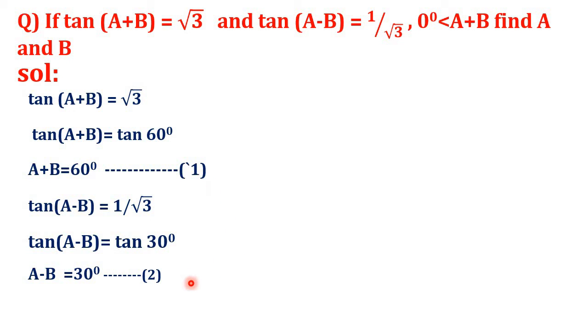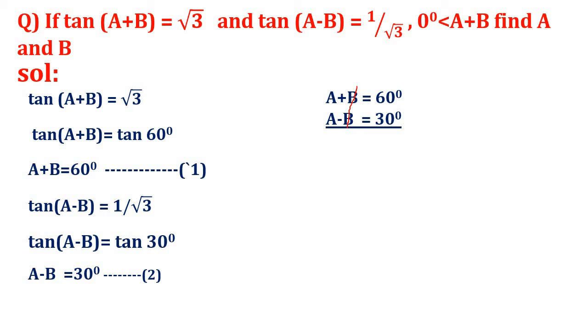Now let us simplify equation 1 and equation 2. Let us write the first equation, A plus B is equal to 60 degree. And second equation is A minus B is equal to 30 degree. Now we can cancel plus B and minus B while adding these two equations. We can cancel plus B and minus B according to elimination method.